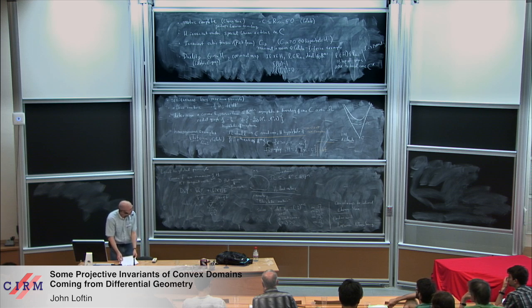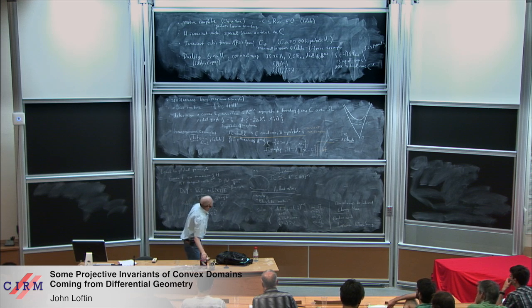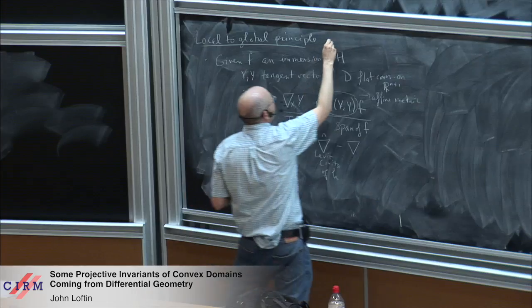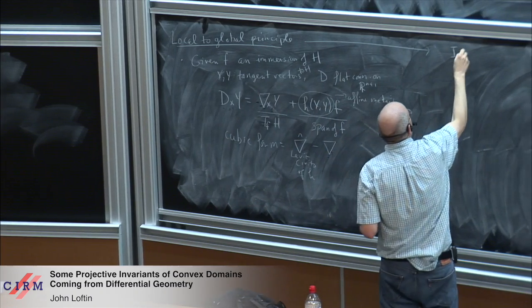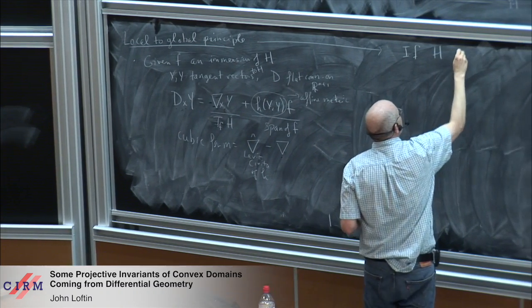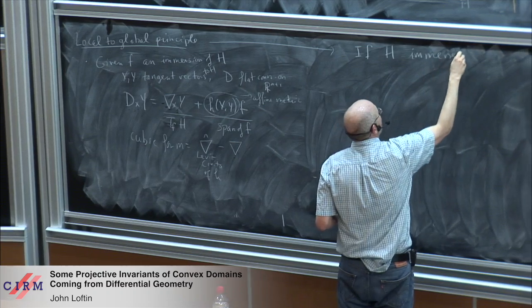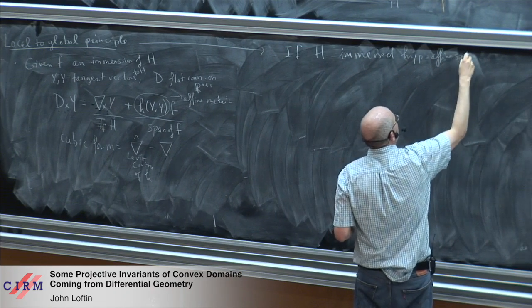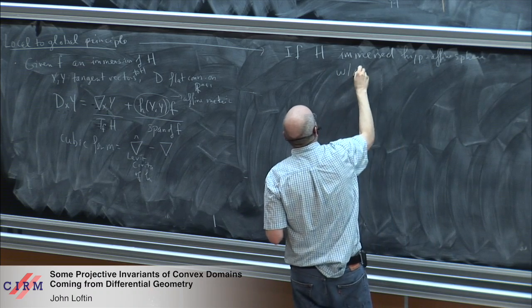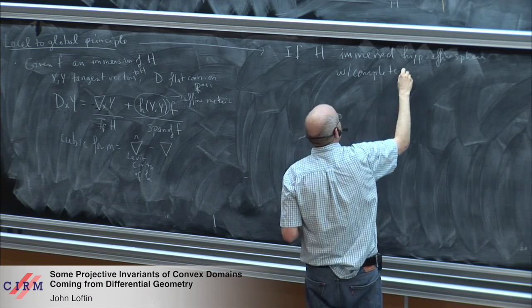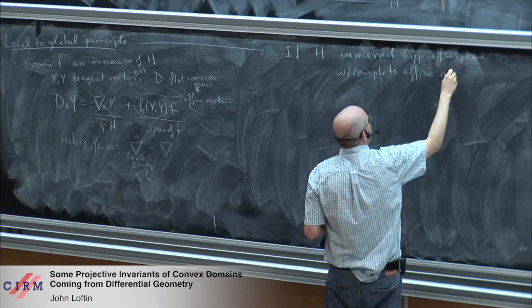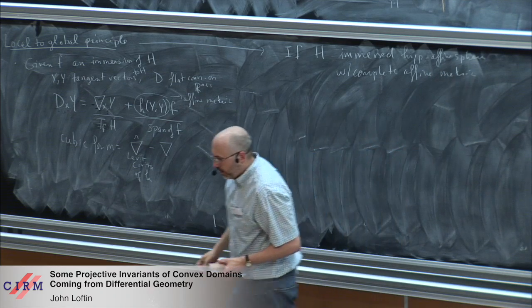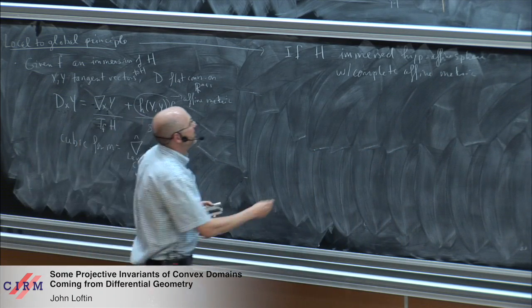All right. So the next thing I'd like to talk about is a local to global statement. If H is an immersed hyperbolic affine sphere with the complete affine metric, then it's of the form mentioned above.